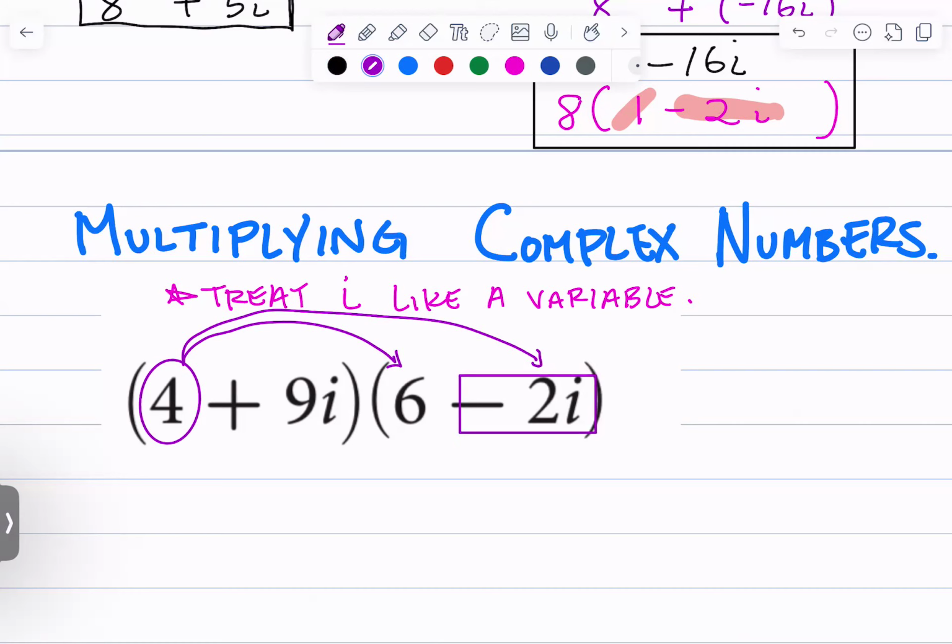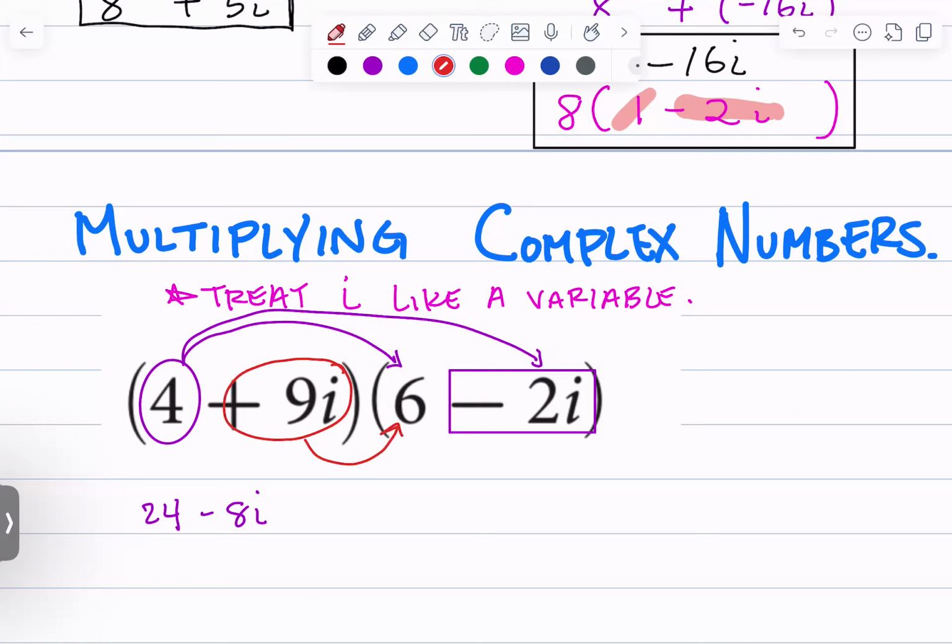Remember, when there's a negative in there, I have to get the sign with it. So 4 times 6 is 24. 4 times negative 2i is negative 8i. Do the same thing with positive 9i.